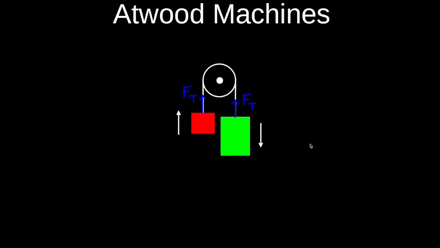And we expect the heavier mass to accelerate downwards, so the force of weight of this mass is going to be larger than the tensile force. And this smaller block accelerates upwards, so we expect that the force of weight is smaller than the tensile force in the cable. And the acceleration of each block is going to be equal in magnitude.